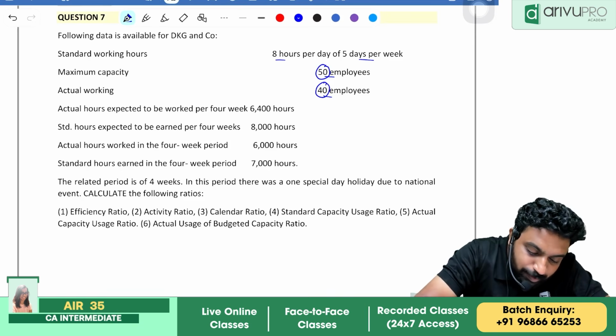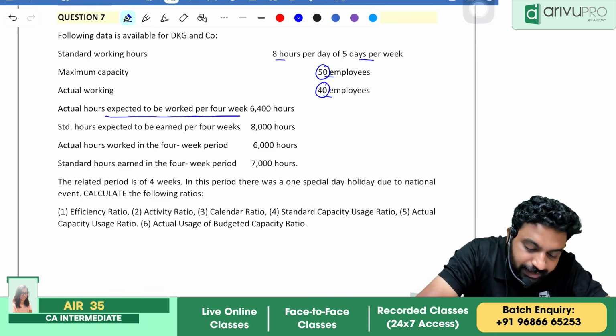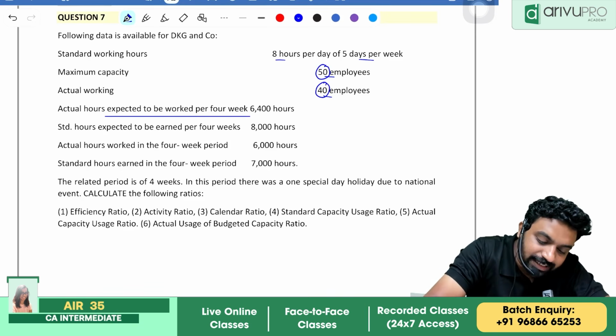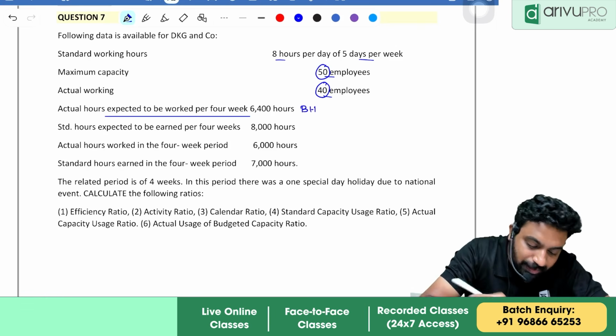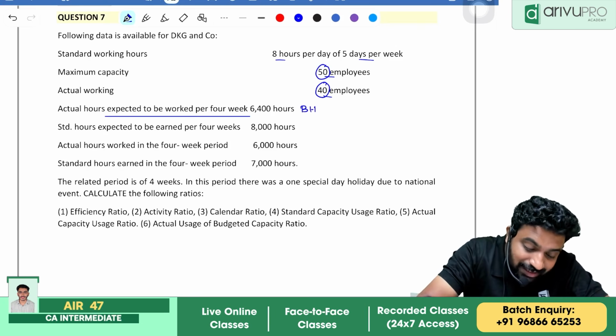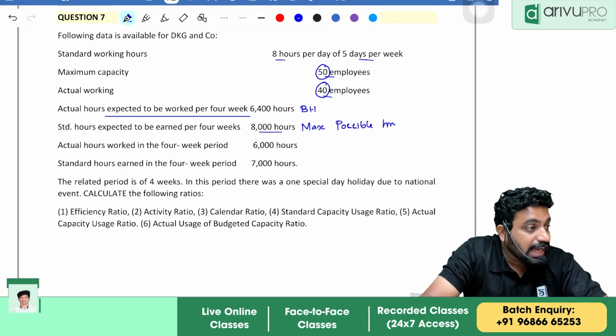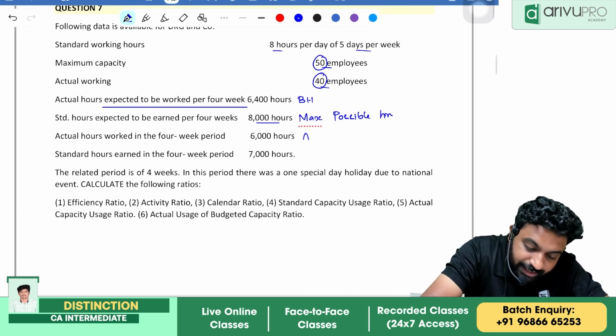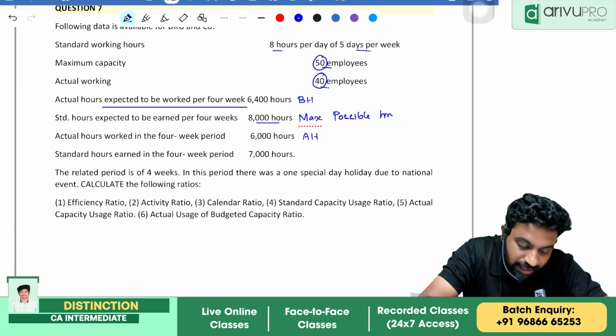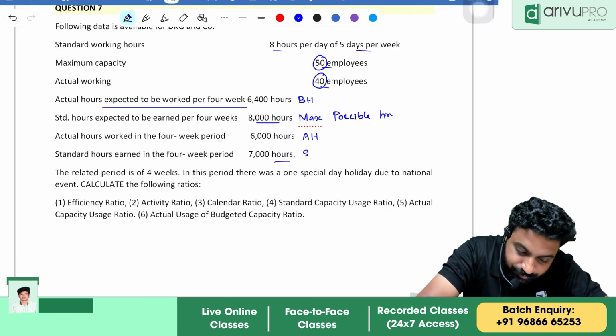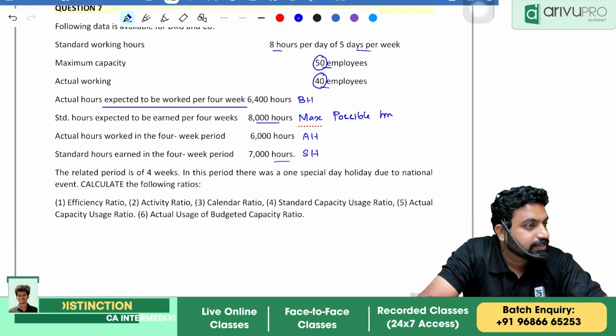Actual hours expected to work, that means here they are talking about budgeted hours. Standard hours expected to earn, here they are talking about maximum possible hours. Actual hours worked in 4-week period, they are talking about actual hours. Standard hours earned in 4-week period is standard hours.